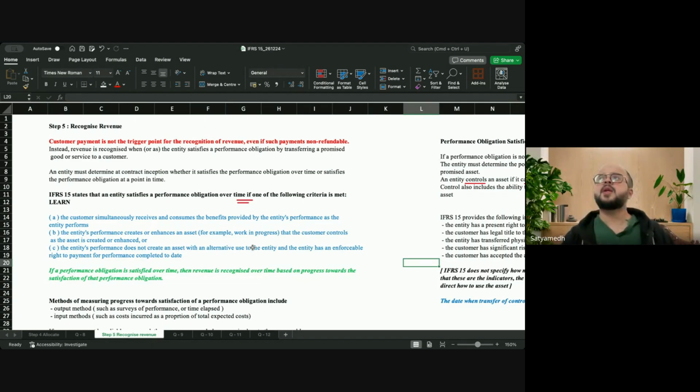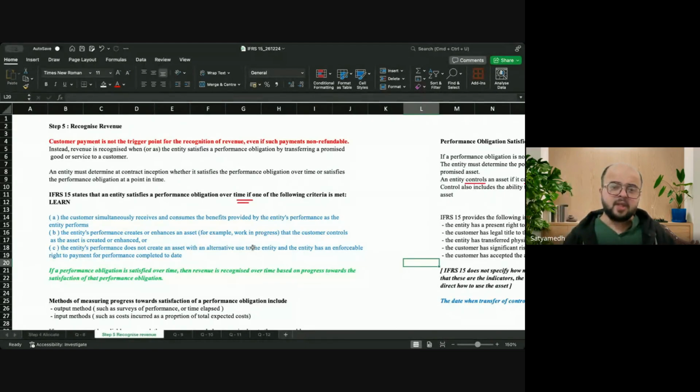Second situation is, say for example, I have taken up annual maintenance of the water filter at your house, which means I have collected, for example, 12,000 rupees in advance, and I give you a monthly visit in which I open the water filter, clean it, repair it, and go. So this is an obligation that is satisfied over a period of time. It is not satisfied at a point in time.